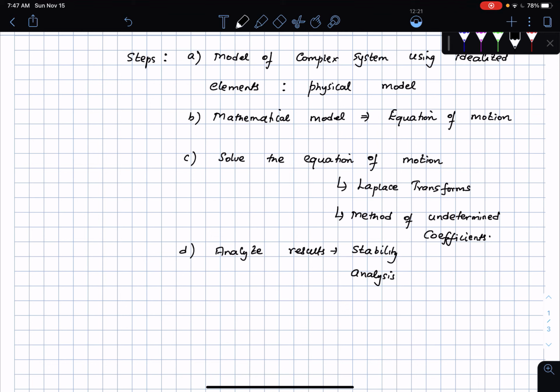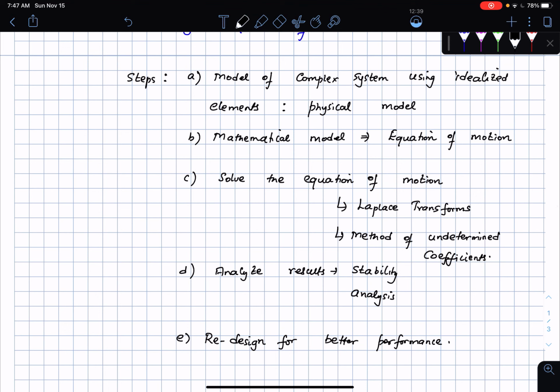And then once you analyze the results, you can redesign the system for better performance. All right. So these are the typical steps that are taken in the study of mechanical vibrations of bodies.